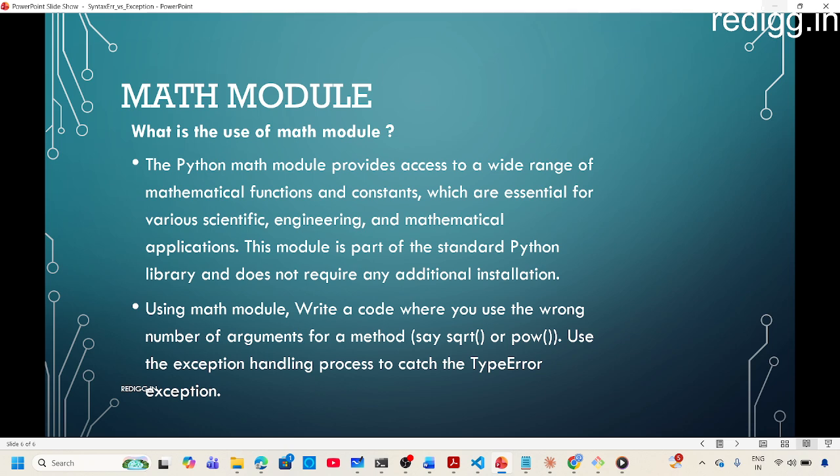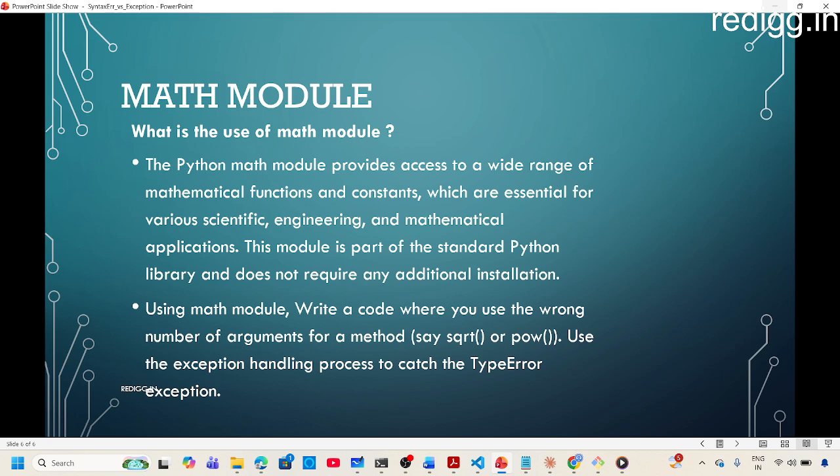So today we are going to look at the TypeError exception. This is part of the series we are doing on exception handling in Python. We'll be using the math module. The math module provides access to a wide range of mathematical functions, which is essential for scientific calculations, engineering, or any other mathematical application.